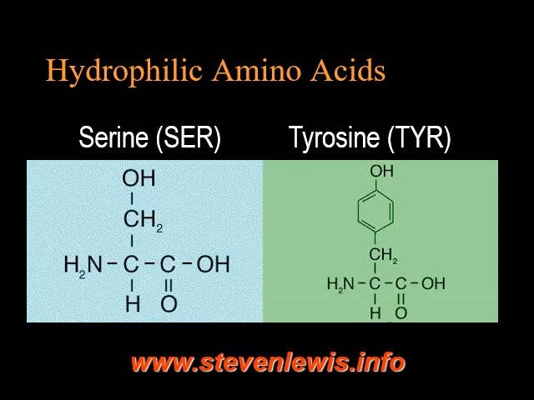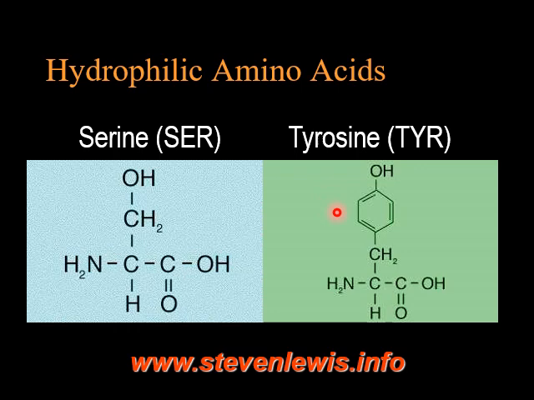The side chains here are more water soluble. They are electrically sticky, and so water has an affinity for them and can dissolve them. On the left is serine, abbreviated SER. Notice that serine has a hydroxyl group at the end of its side chain. On the right is tyrosine.